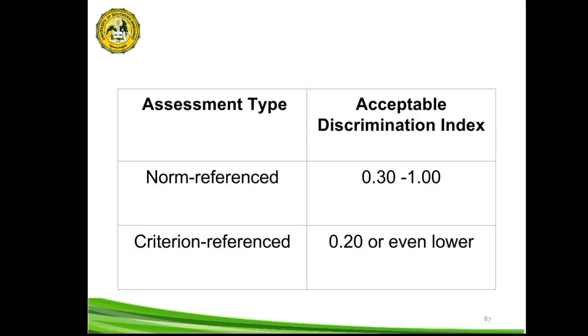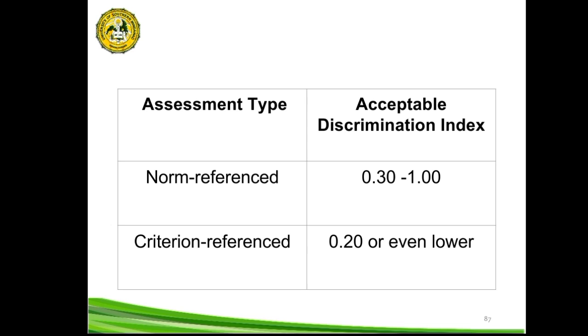So now let's connect the discrimination index to norm and criterion reference assessment. The acceptable range of discrimination index differs slightly depending on whether you are using a norm or criterion reference assessment.